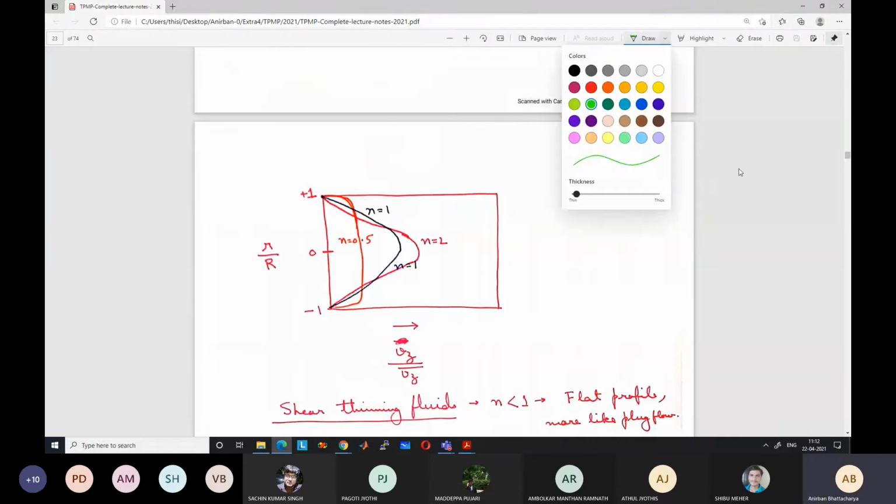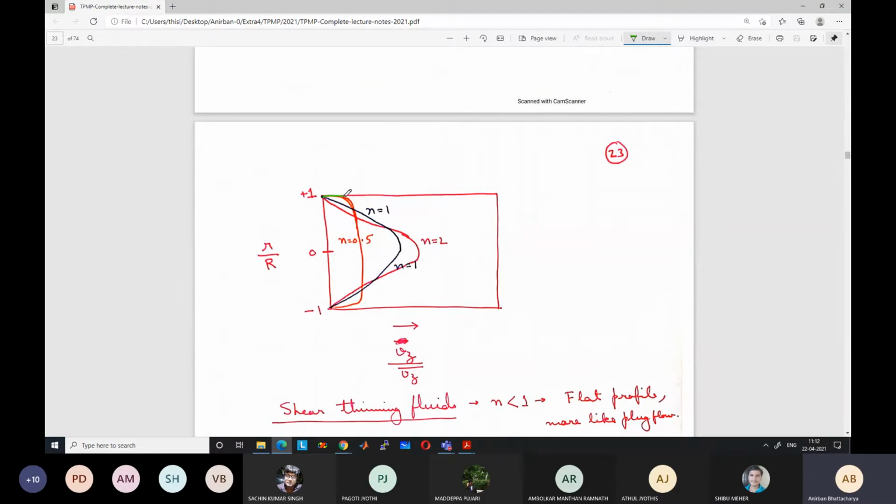So for n less than 1, we have a very blunt profile for a shear thinning fluid. And if we have n greater than 1, like a shear thickening fluid, then we have a sharp profile like this. This is shown for n equal to 2. The more the value of n, the sharper it becomes, more like a triangle.